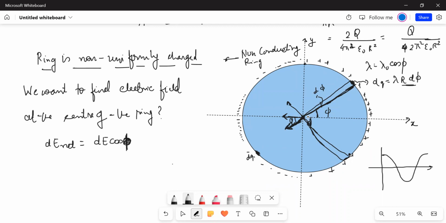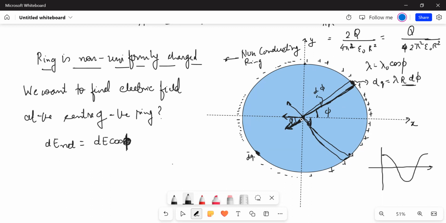So, what would happen? Eventually, if you calculate the electric field for this particular hemisphere, the entire hemisphere. Okay. What is clear is that the net electric field for this entire hemisphere will be dE cos phi.